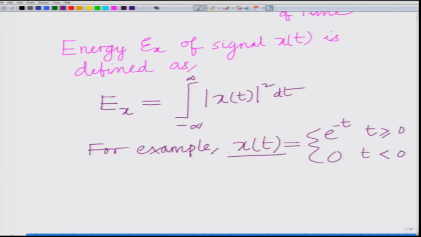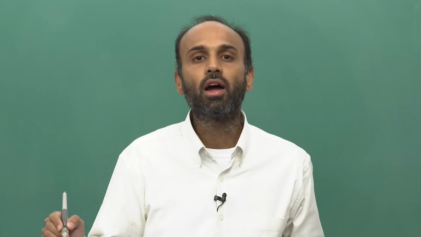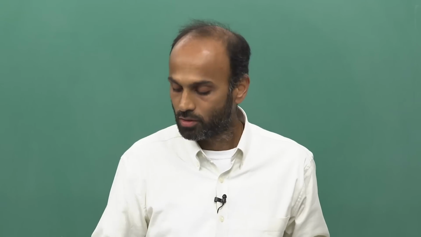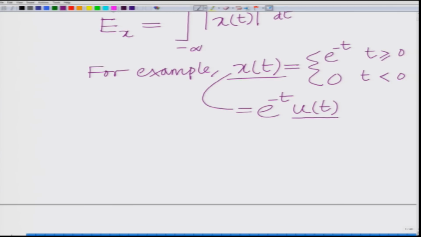This is also termed as x(t) equals e to the power of minus t into u(t), where u(t) is the unit step function, that is, u(t) is 1 if t is greater than or equal to 0 and u(t) is 0 otherwise. This is known as the unit step function. You should be familiar with these from a basic course on signals and systems.